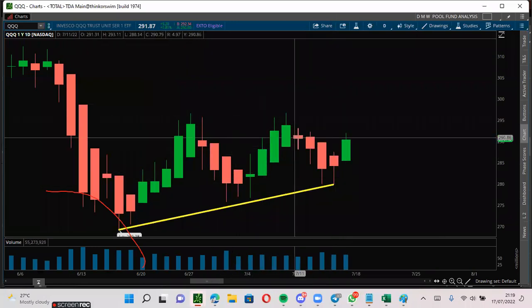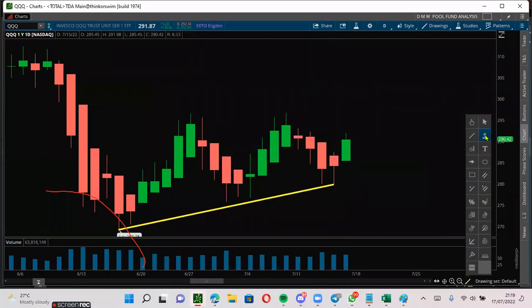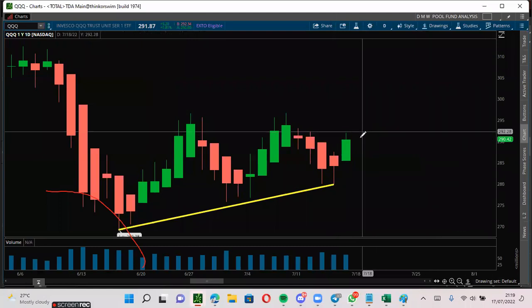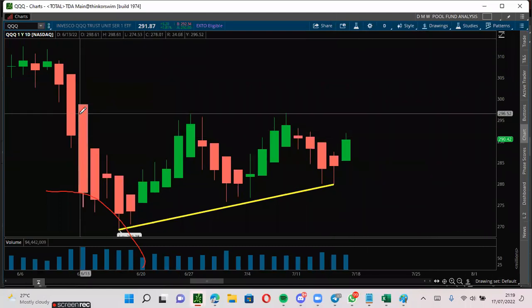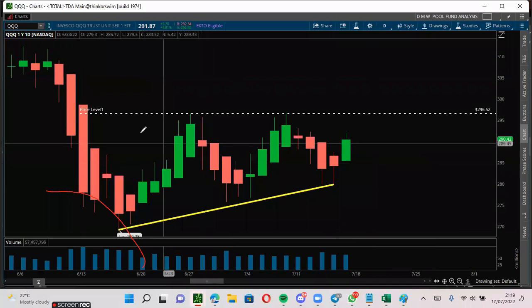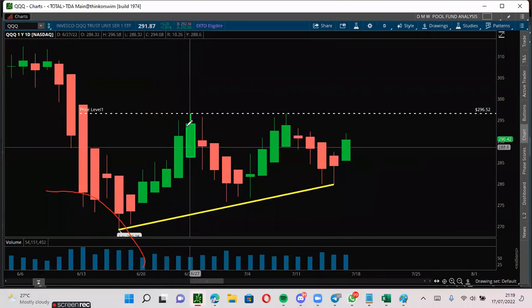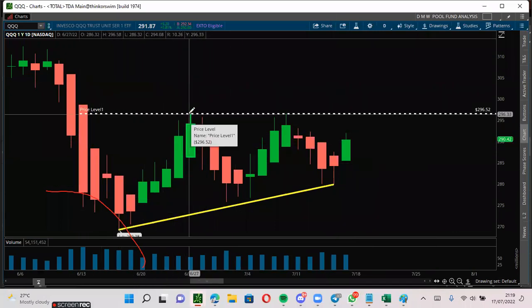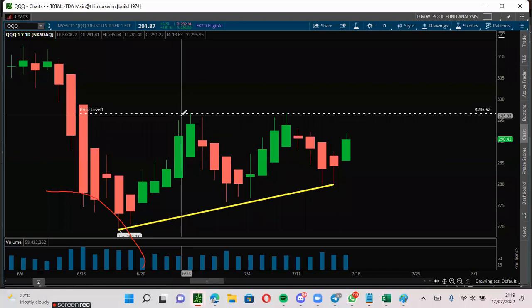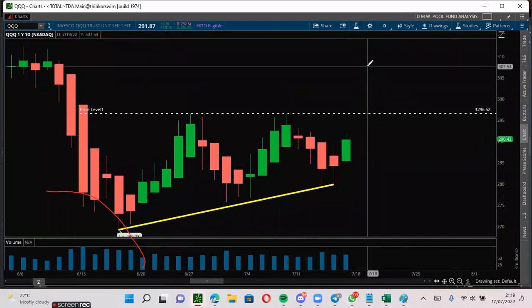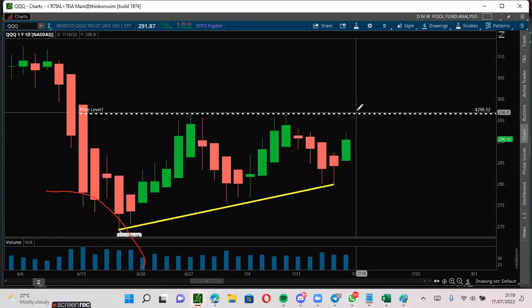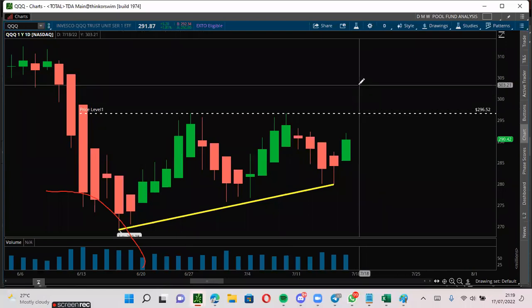Okay, and this is the neckline. We call this a neckline because one, it could not break above. The neckline is actually the resistance. Again, it goes up. Again, it has to break out this level to see this is the actual breakout.